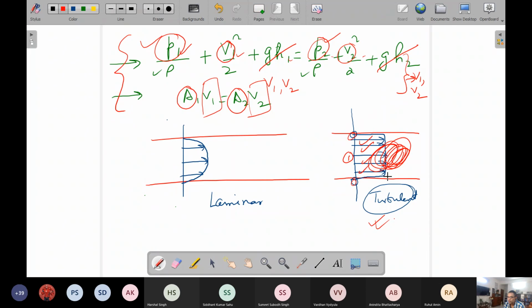Although fundamentally this has to be the average velocity, we are putting a local velocity at some point 1, and we get away with it because the practical engineering situation in industry is turbulent. I hope you have got this point.